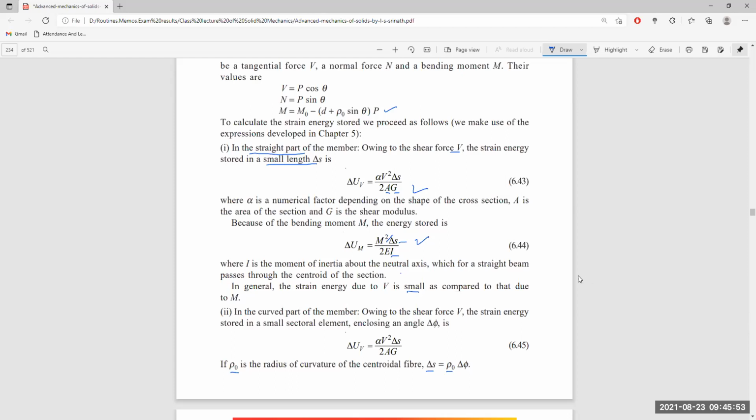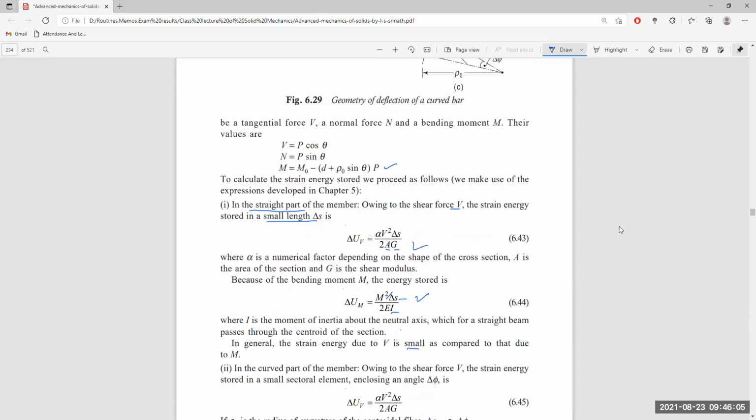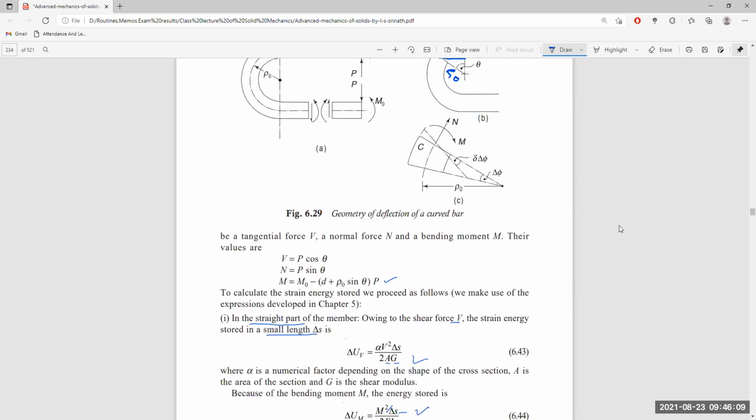So delta S is created by the angle and the distance of the central axis from the center of curvature.